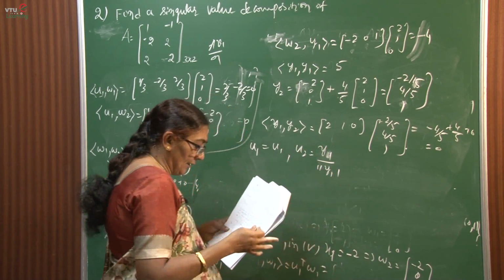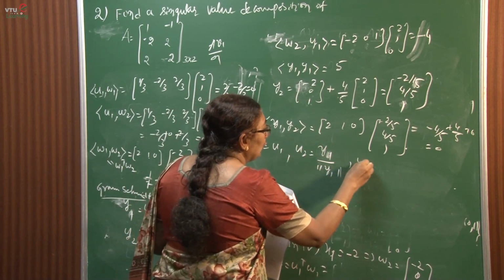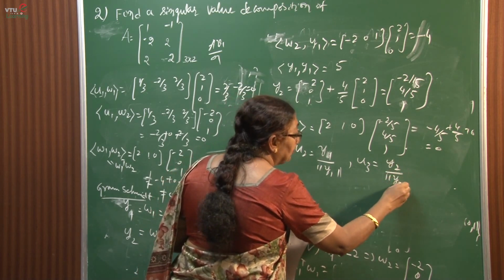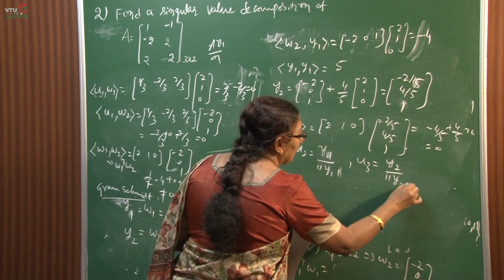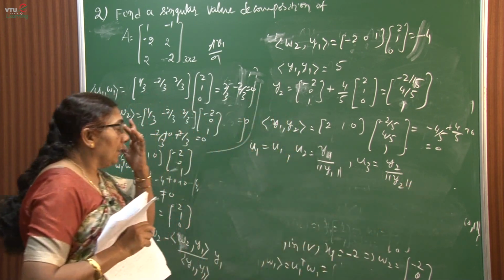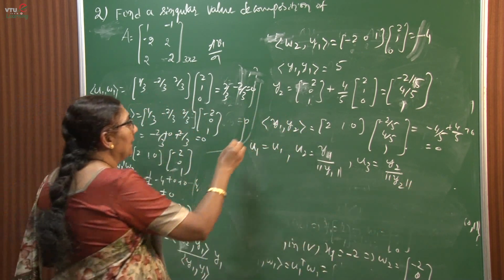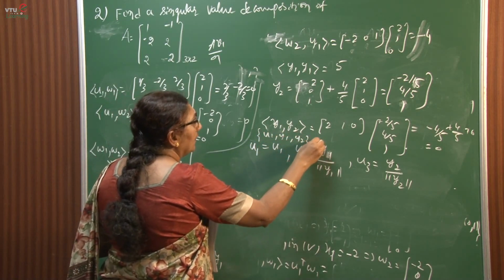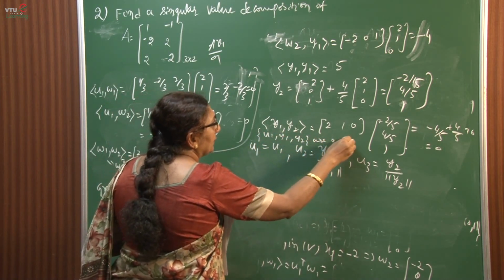I have to do that normalization. And u3 is Y2 divided by the norm of Y2. Why? Because u1, Y1, Y2 are orthogonal vectors.